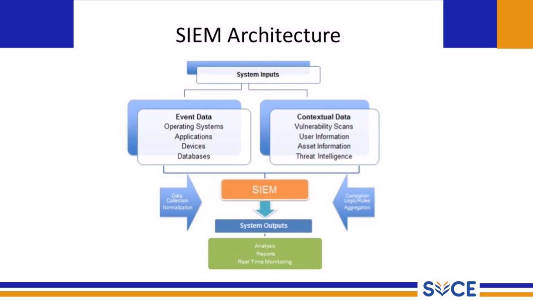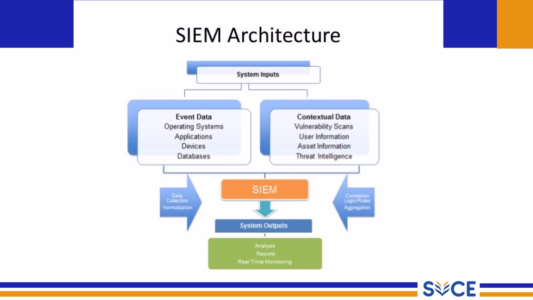In the current state of SIEM technology, today's SIEM solutions incorporate AI for cybersecurity and machine learning to enhance analytical capabilities. Modern SIEM platforms not only provide security monitoring but also integrate with security orchestration, automation, and response, or SOAR, solutions to help teams automate certain tasks and coordinate their response to incidents.